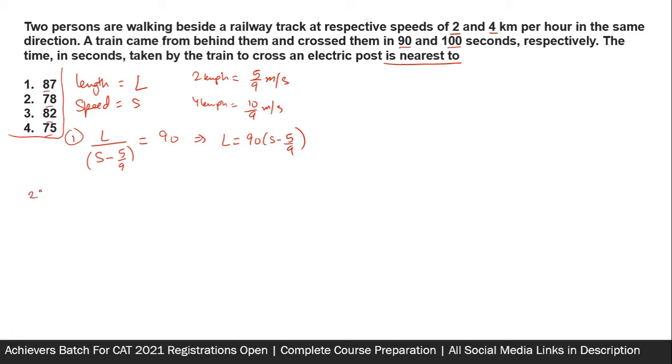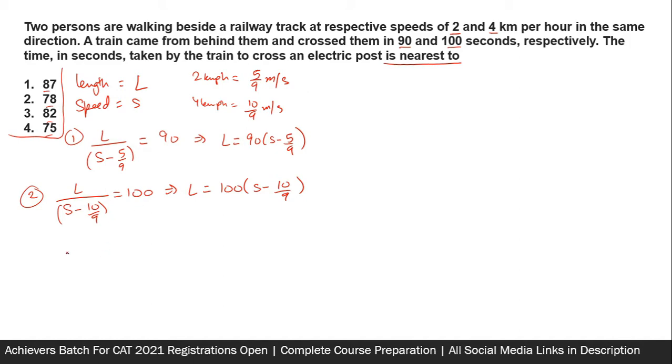The second equation, for the second person, is speed minus 10 by 9 this time, and this gives me 100 seconds, better written as L equal to 100 times (S minus 10 by 9). These are my two equations for L and S, solving which I'll get the length of the train and the speed of the train.